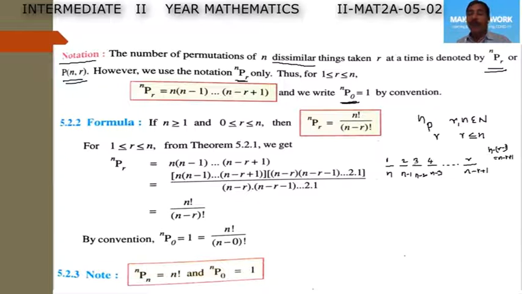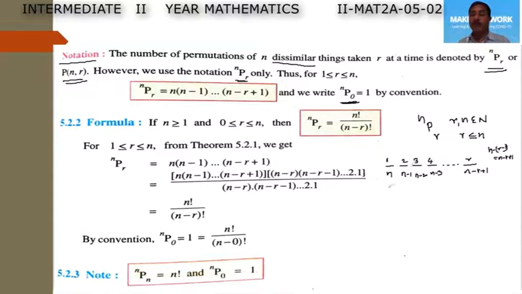Now, we have to fill all these blanks: first blank and second blank and third blank and fourth blank and so on, and the rth blank. Which fundamental principle is applied here? The multiplicative fundamental principle is applied, because all the blanks should be filled one after another.